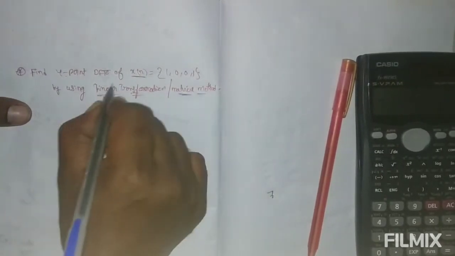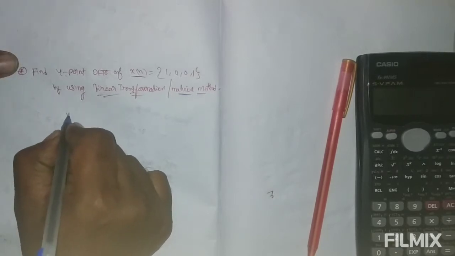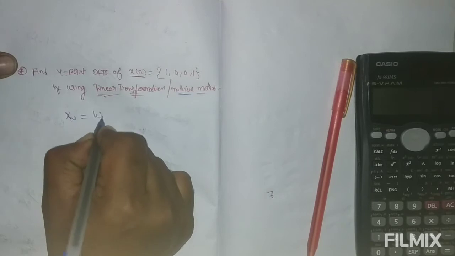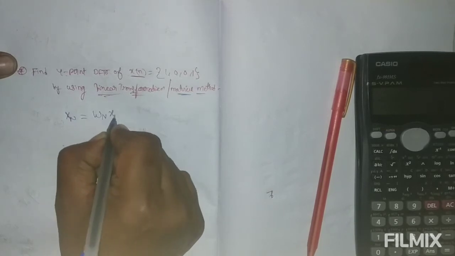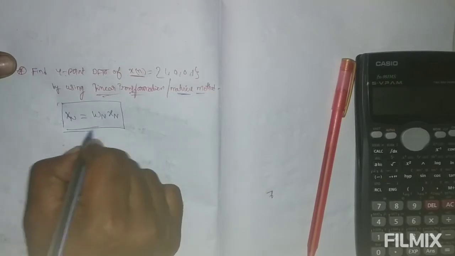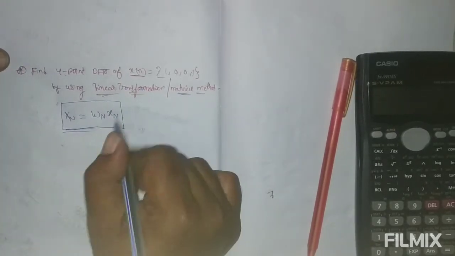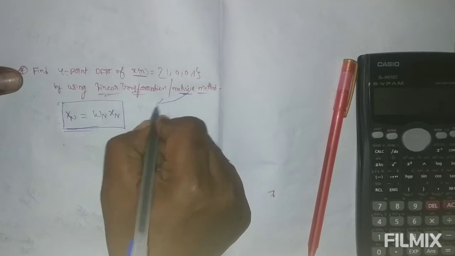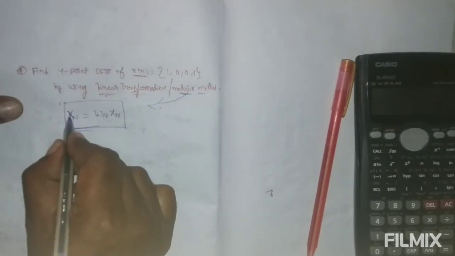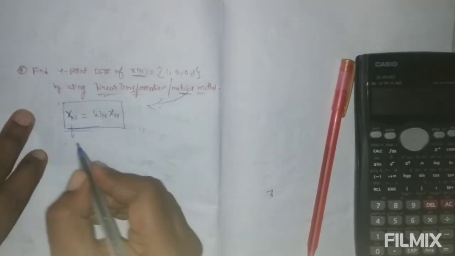The formula for the DFT of a sequence in the matrix method is capital X sub N equal to the Fourier factor W sub N times small x of n. Here capital X is a matrix.